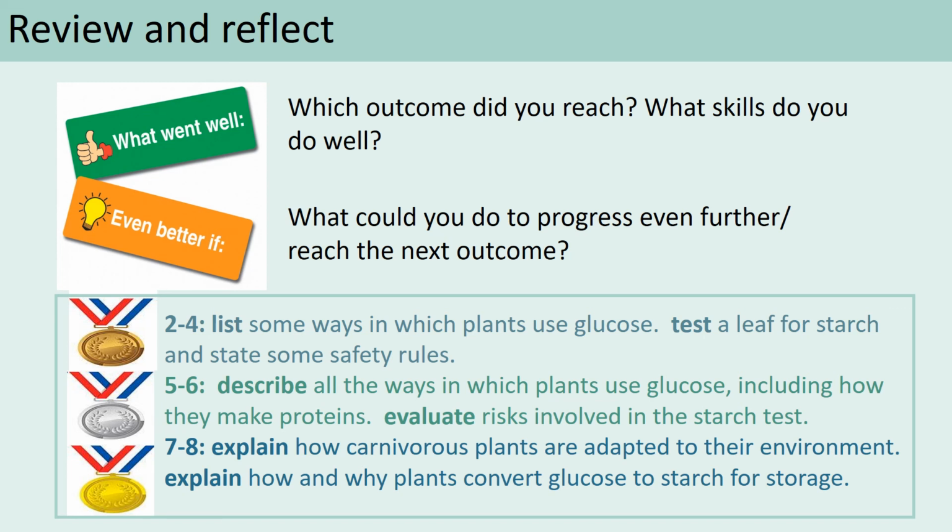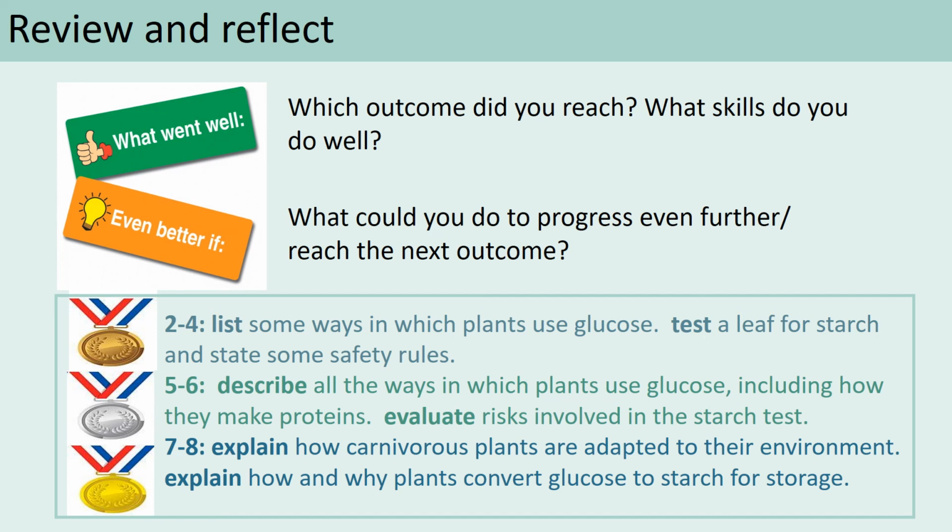Also, boiling water is a safety concern because you can burn yourself. Iodine as well, if you ingest it, it can make you quite ill, so that also would be a safety hazard.